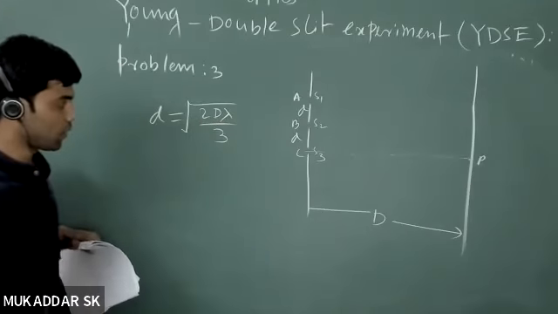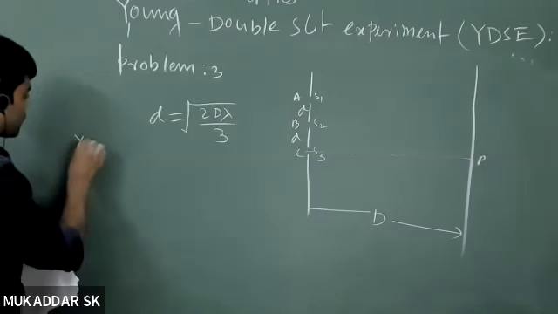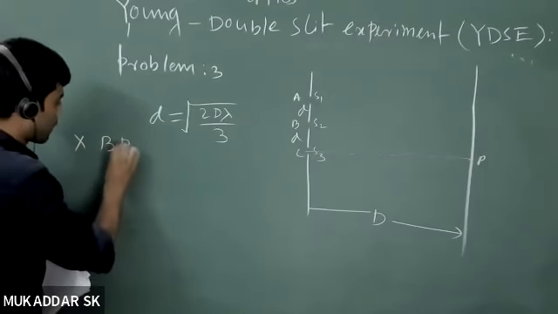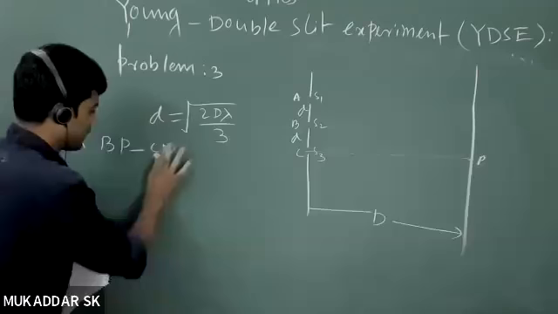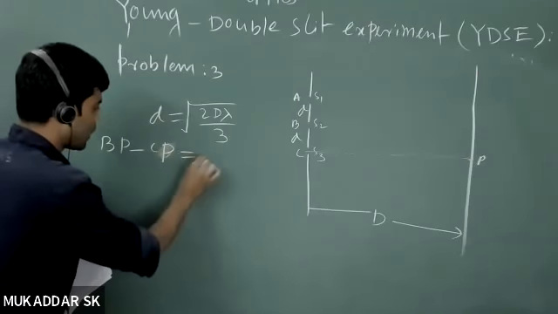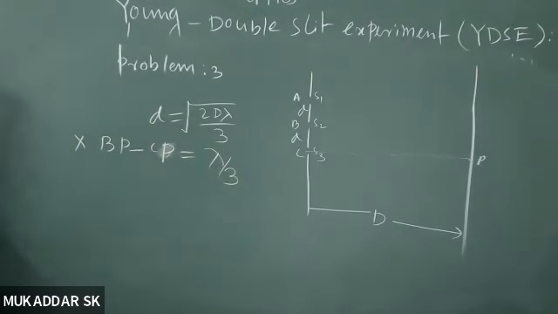Now what you have to calculate? You have to calculate the path difference BP minus CP, that will be lambda by 3. You have to prove this.